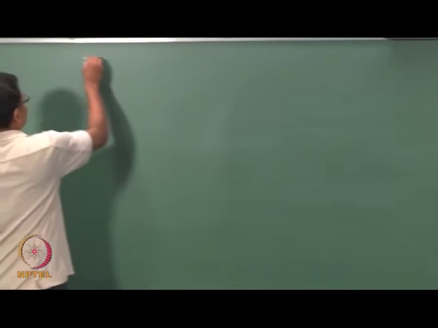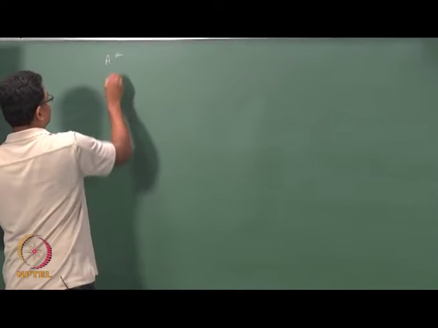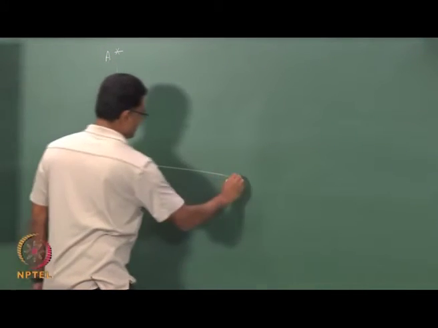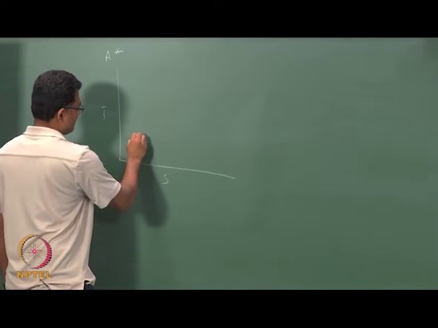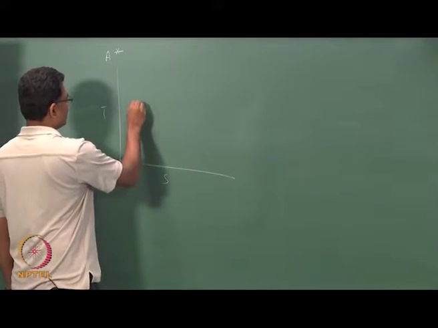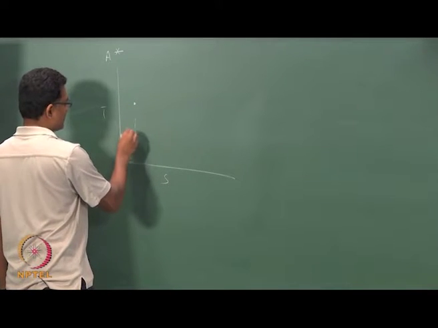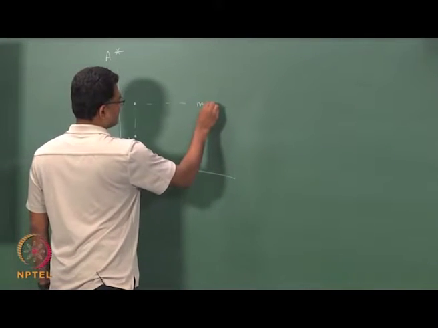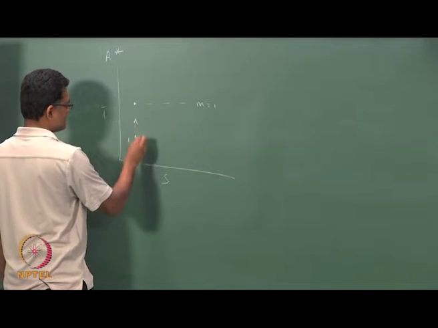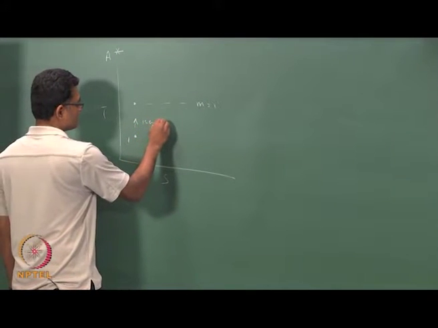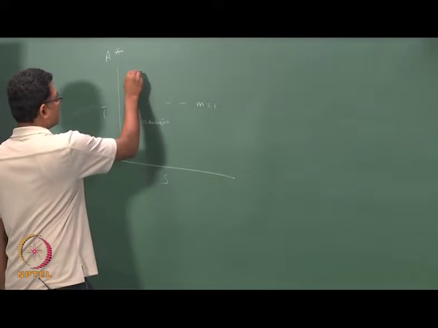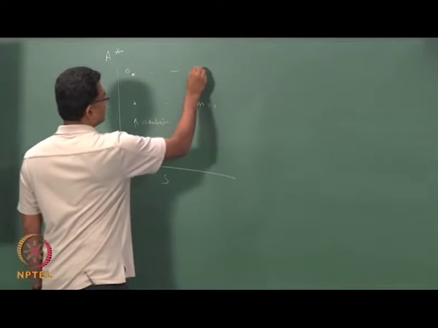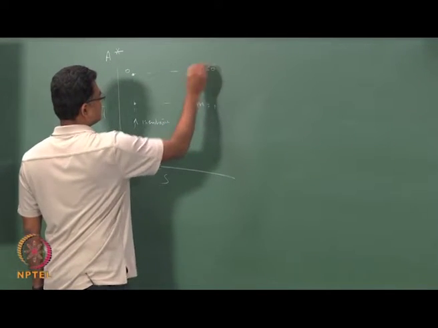So your A star is something that we had seen is obtained when a point is reduced to a location where your Mach number is 1 and the process is isentropic, as compared to your stagnation point where your Mach number is 0.